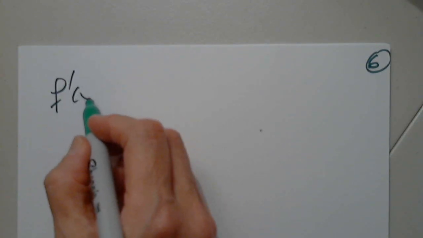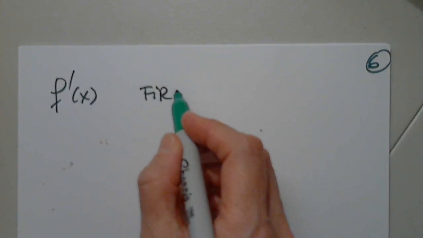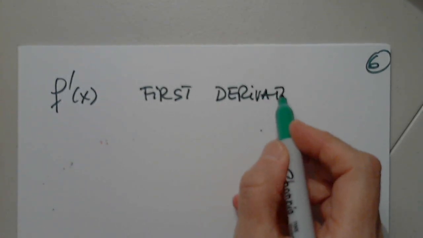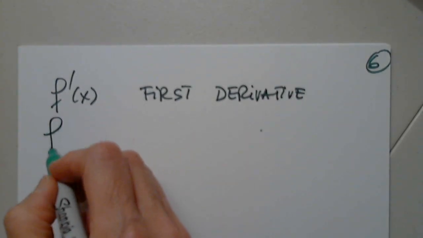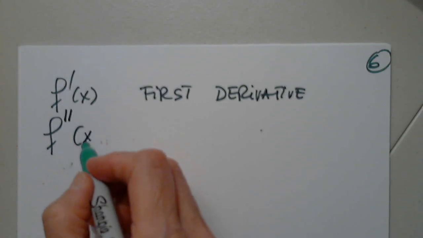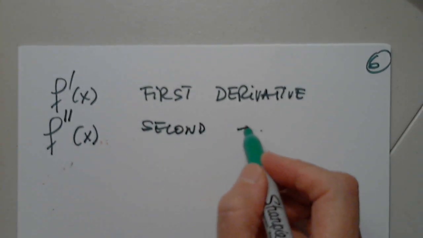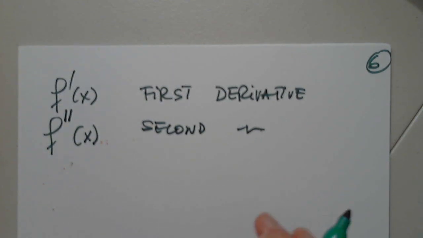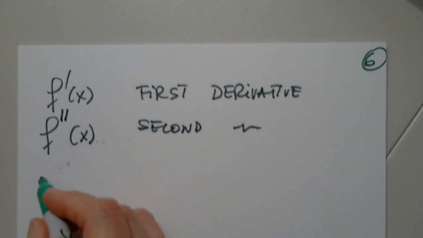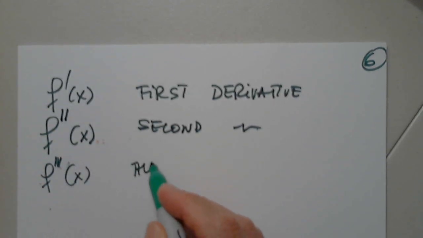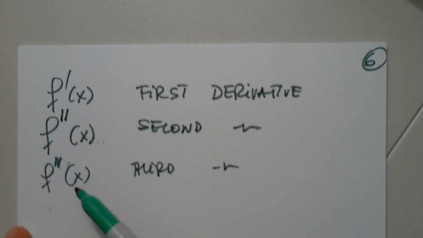So f prime of x is the first derivative. f double prime of x is the second. When we analyze functions, it's rare that we get to the third derivatives, but we may be asked to find it. But what is the purpose?